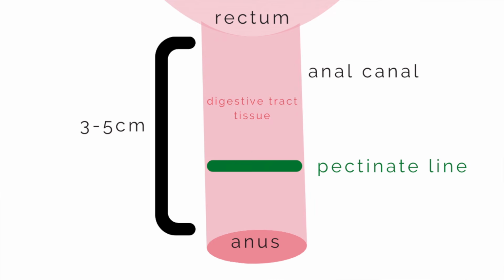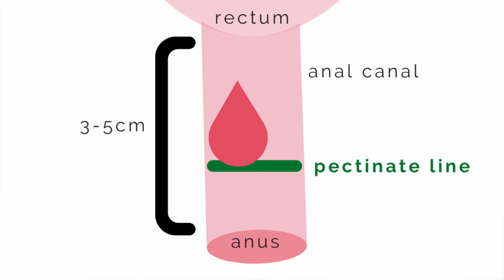What's interesting about that tissue is that it doesn't communicate pain to your brain. Said another way, the tissue that lives above the pectinate line only communicates with your brain via stretch. It doesn't register pain the same way that other bodily tissue does, which is why internal hemorrhoids that live above the pectinate line are painless.